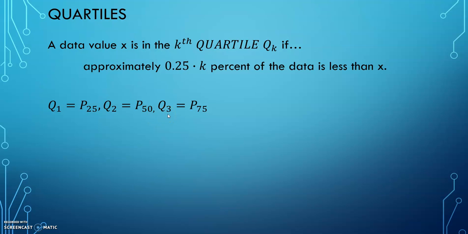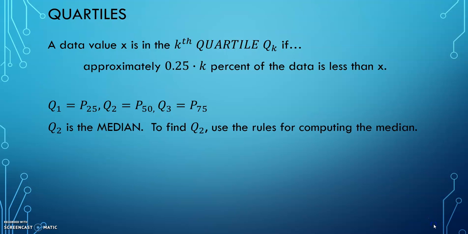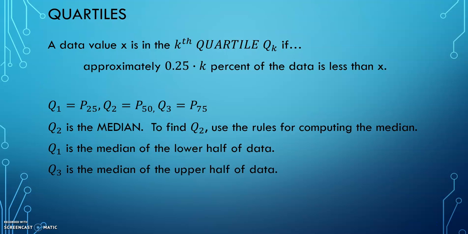The third quartile is the 75th percentile. Quartile 2 is the median. To find Q2, use the rules for computing the median. Q1 is the median of the lower half of the data. Quartile 3 is the median of the upper half of the data.